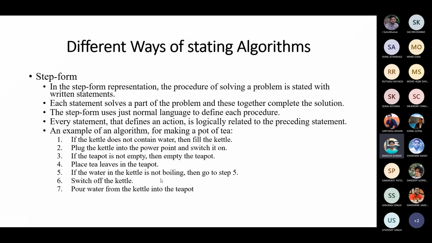So till the water boils, you keep doing that. You stay in step 5 only. Then step 6, switch off the kettle. Step 7, pour water from the kettle into the teapot. Right, so these are the various steps that we follow to make tea. Is it correct?